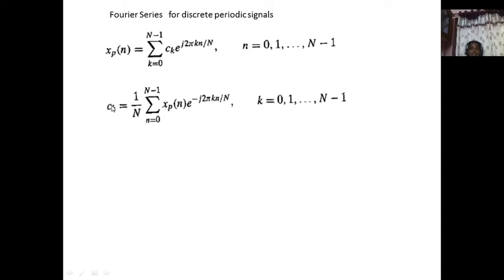Then the Fourier coefficients are ck equals 1 by N summation n equals 0 to N minus 1 xp of n e power minus j 2 pi kn by N, for k equal to 0, 1, up to N minus 1.